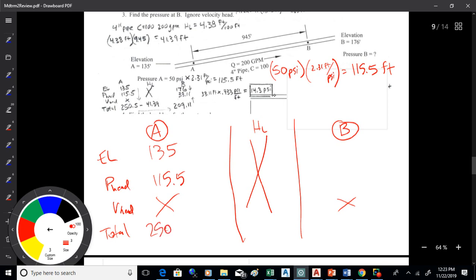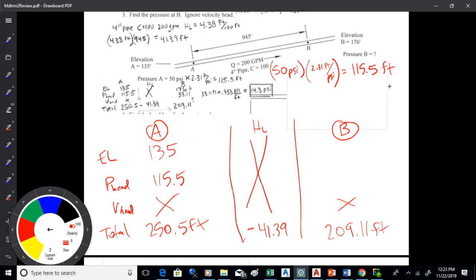So that's 250.5 feet of energy that we have. Then we can take away the head loss, minus 41.39. If you take 250.5 and take away the 41.39, you get 209.11 feet. So that's the energy you've got to work with at B.